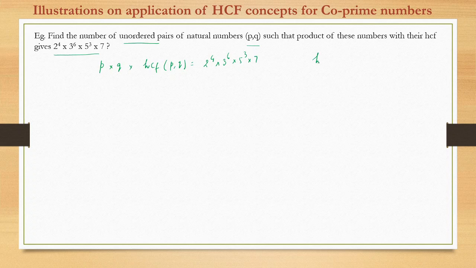Now let's assume that the HCF of p comma q is h. So we can write p as a times h, and q as b times h, where a and b are co-prime.